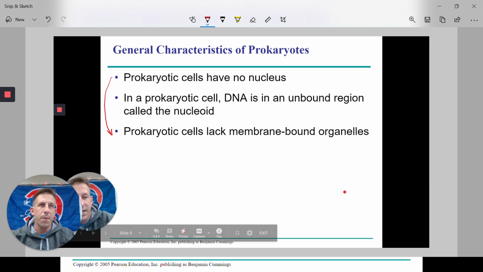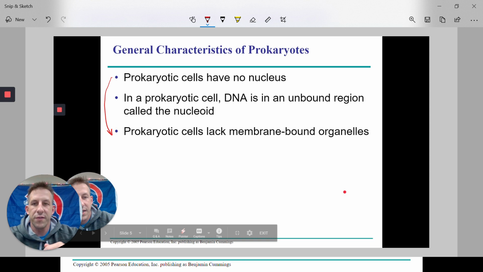In fact, with a lot of these, you will see something called a nucleoid region. The nucleoid region is where the DNA happens to be in a prokaryote, so it might look a little bit darker because the DNA is probably stained, but it is not a nucleus in the sense that we think about the nucleus of a eukaryotic cell.